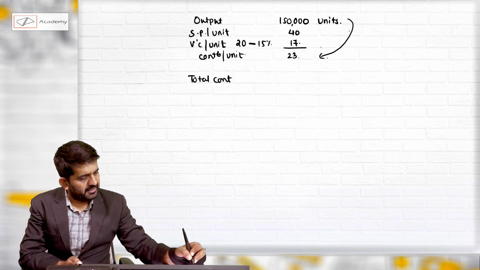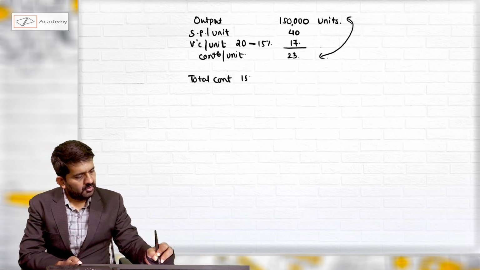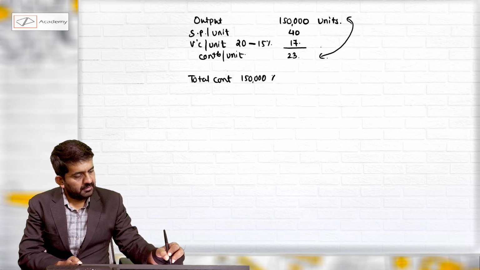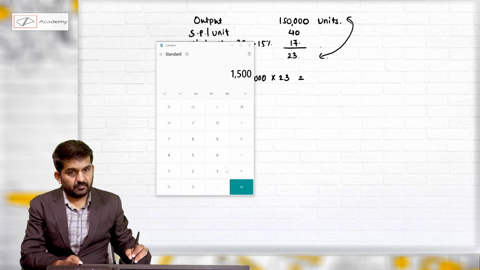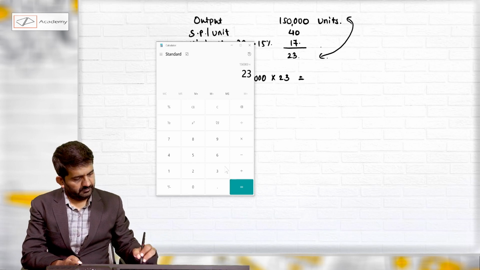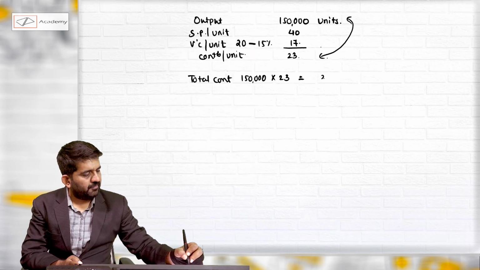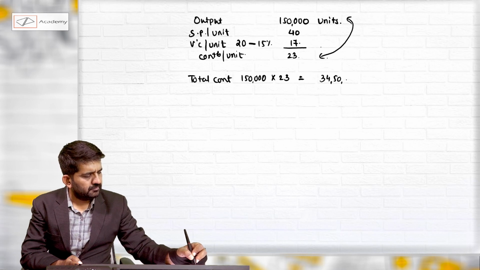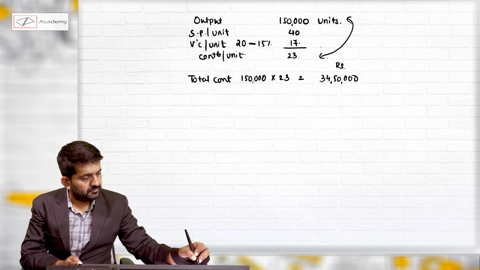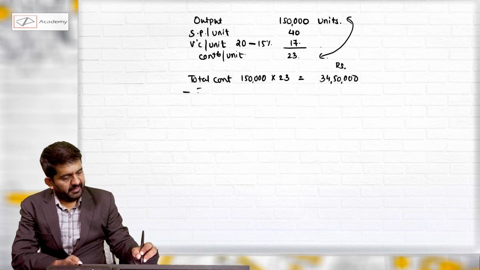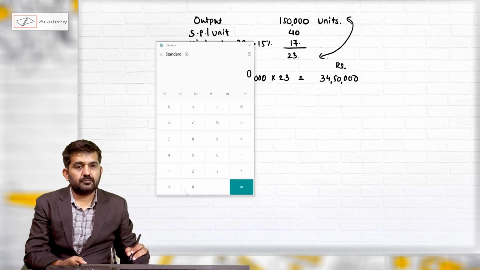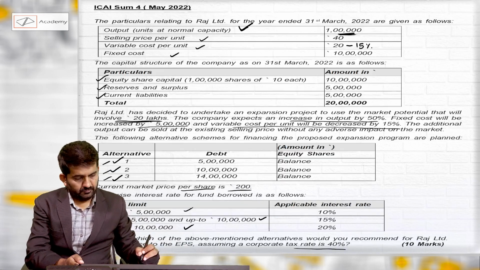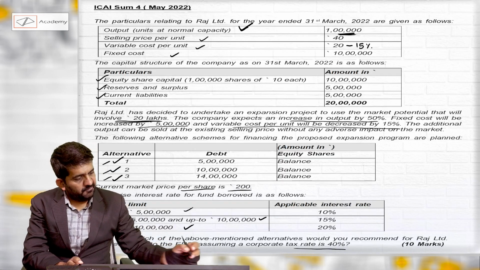This multiplied by this. 1,50,000 multiplied by 23, 34,50,000. Minus fixed cost. What is current fixed cost? 10 lakhs.